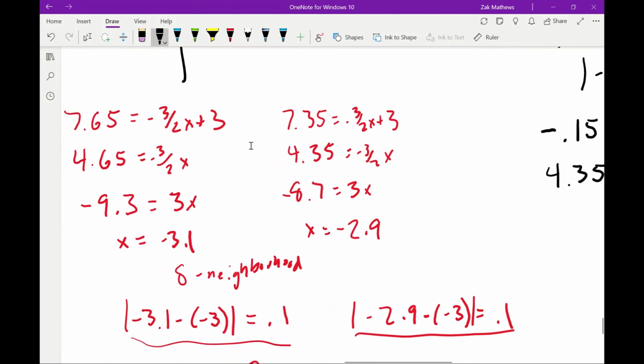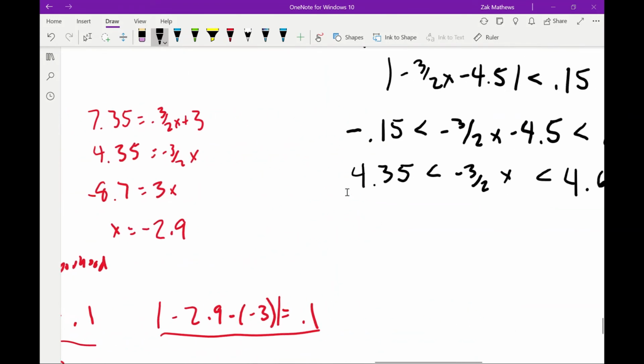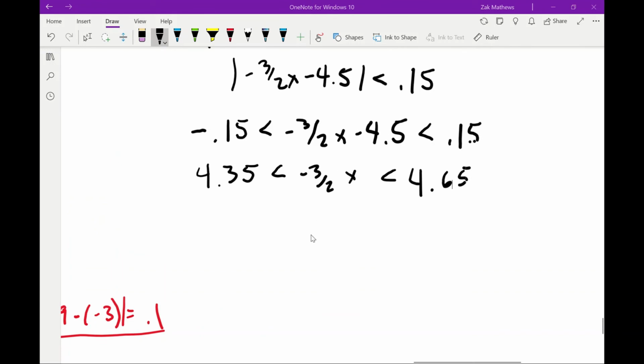Those should be sounding pretty familiar, right? Let's just keep working our way through. I need to get rid of the 3 halves here. So I'm going to multiply by the 2, so we'd have 8.7 is less than -3x, and that's going to be less than 9.3.